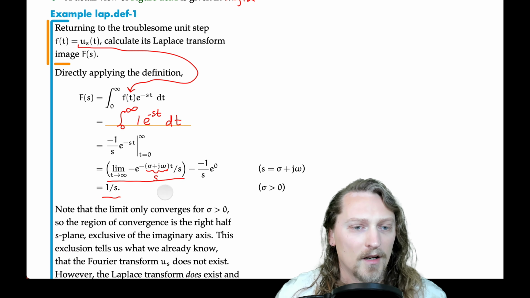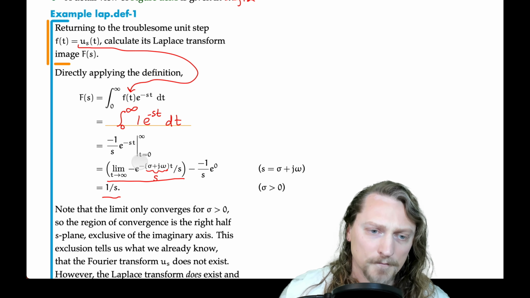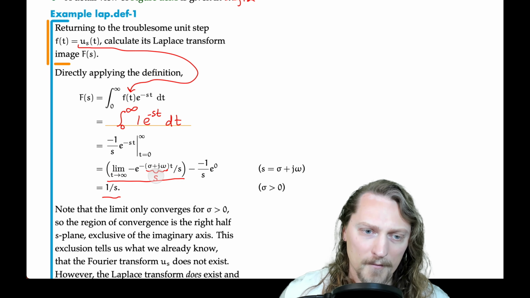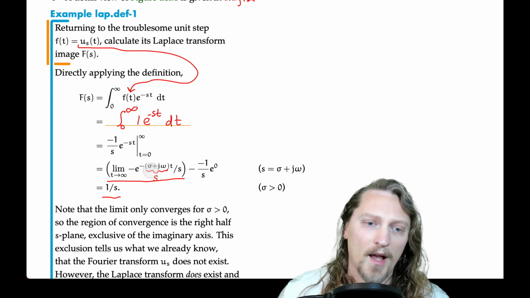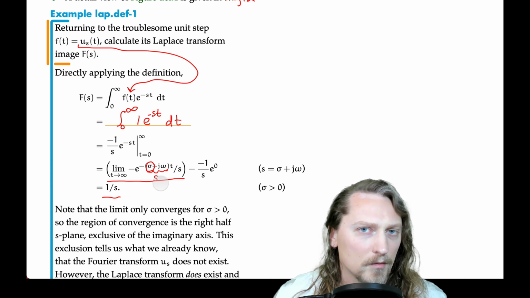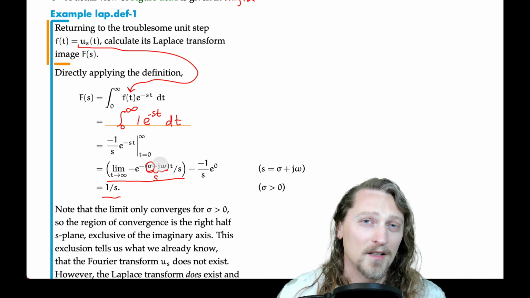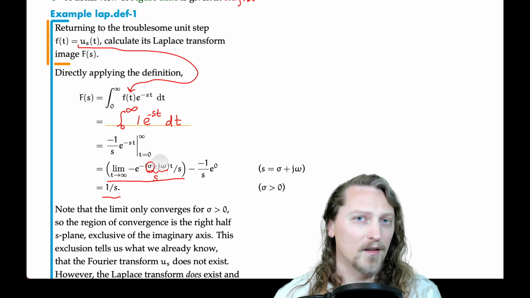Now, when does this go to 0? This is going to go to 0 as time goes to infinity, as long as this term has a real part here that's negative. The imaginary part essentially gives us an oscillation, right? That's a sinusoid that happens.